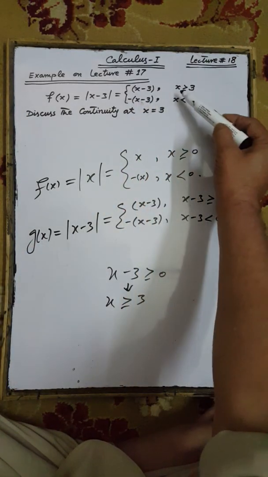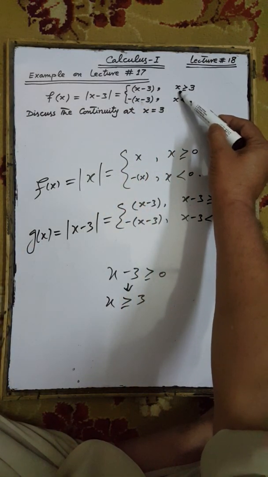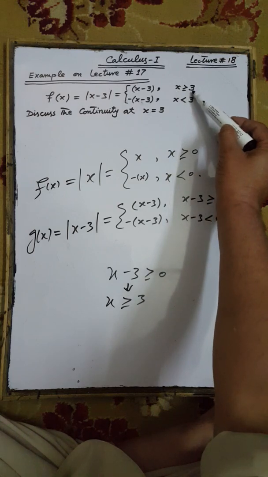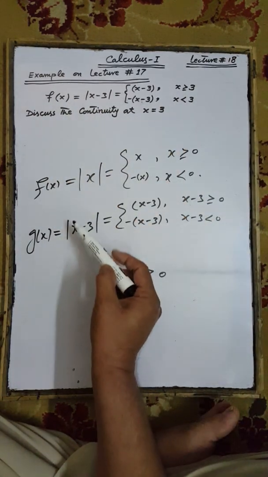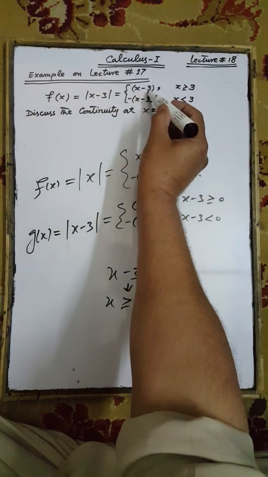That is, in the interval where x is greater than or equal to 3, the value of the function f of x is equal to |x minus 3|, which is calculated as x minus 3.